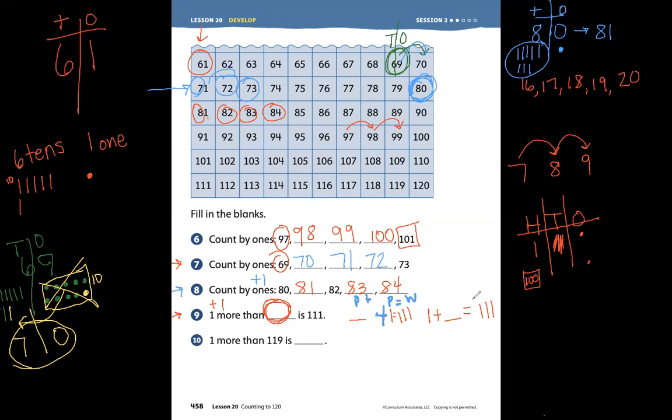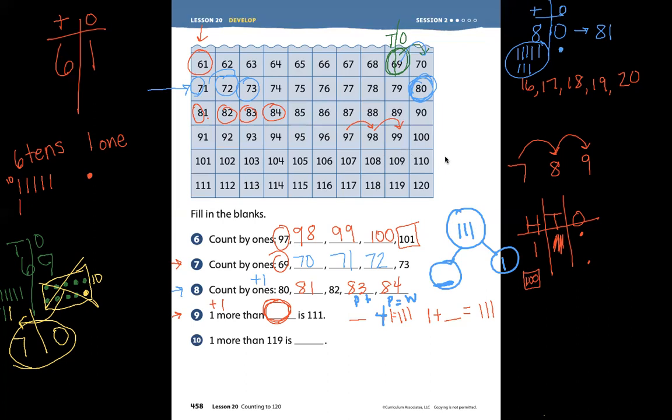A part plus a part is a whole. 1 plus blank equals 111. They said one more than blank. So I know that 111 is my whole, blank is my missing number, and 1 is one of my parts. I have to count on from this number plus 1 to get to 111.